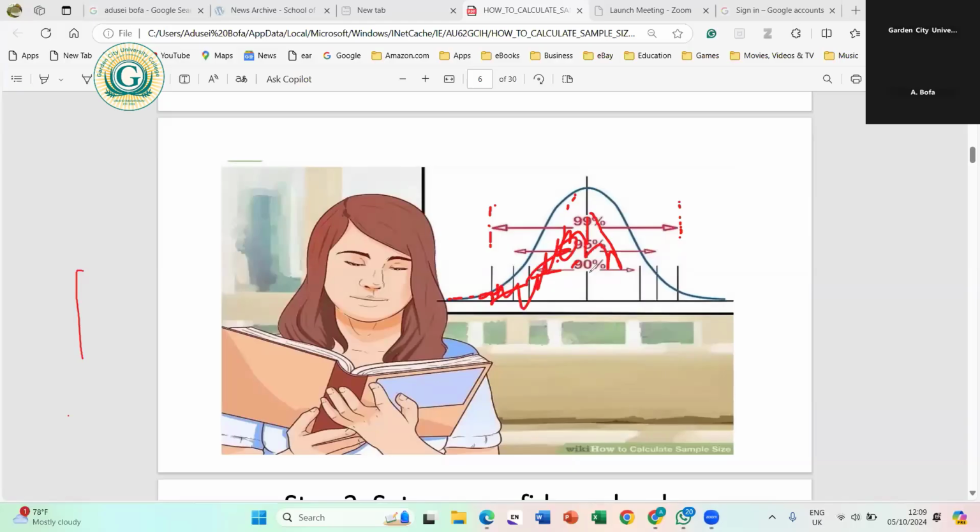So if someone is using 99%, then that means that the person is going to cover almost all the individuals in there. That means that his sample is very likely to be accurate as compared to that of the 95. We will cover that one.